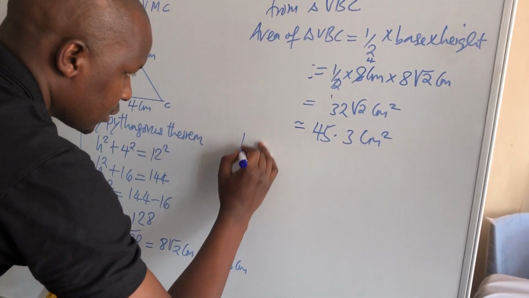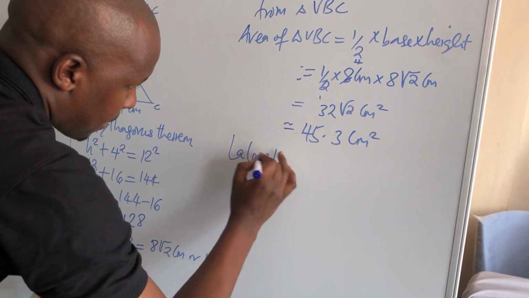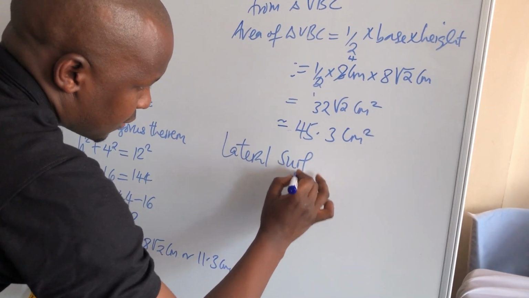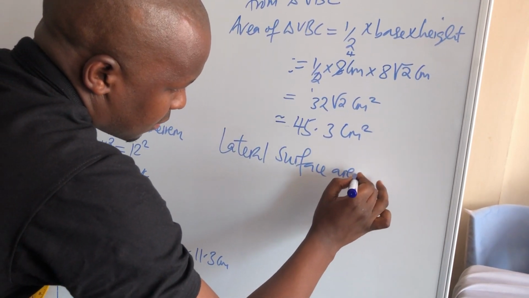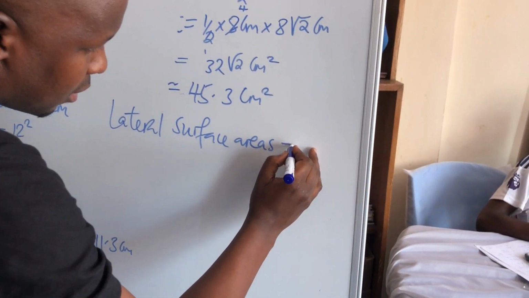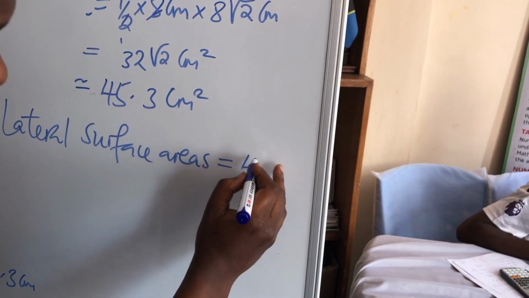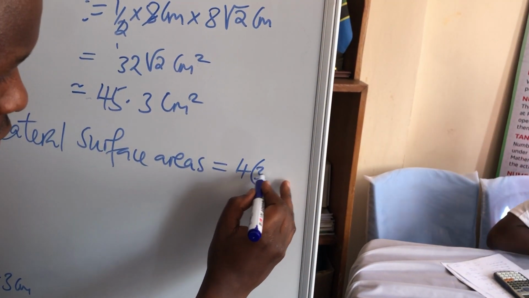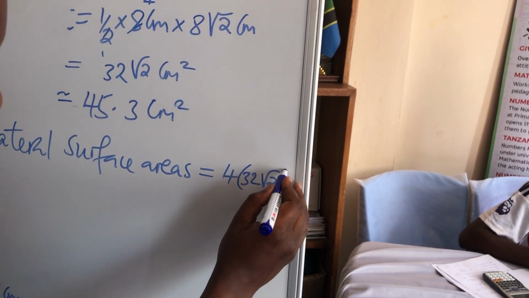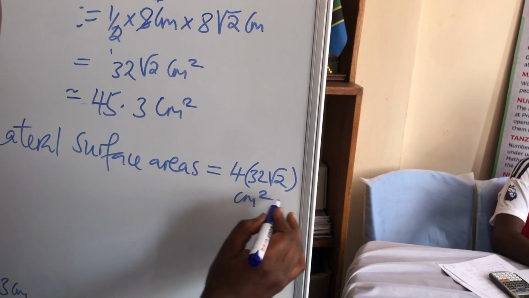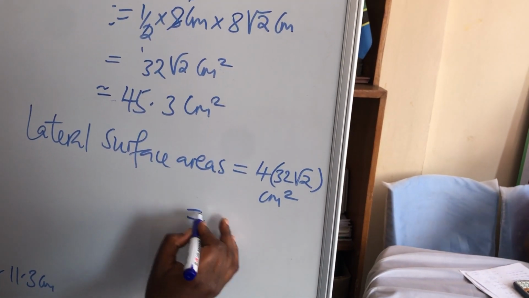So we say lateral surface area equals 4 times the area of one lateral face, which was 32 radical 2 centimeter squared.